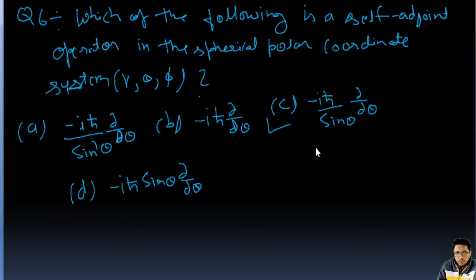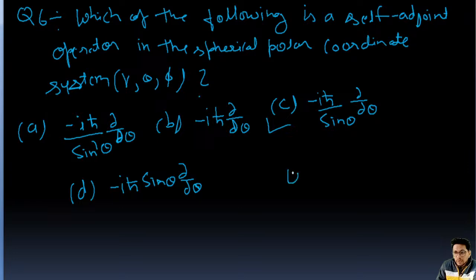If you check it, you will find that this operator is a Hermitian operator, and if it is Hermitian, it means it is self-adjoint. So it's easy to check, right?